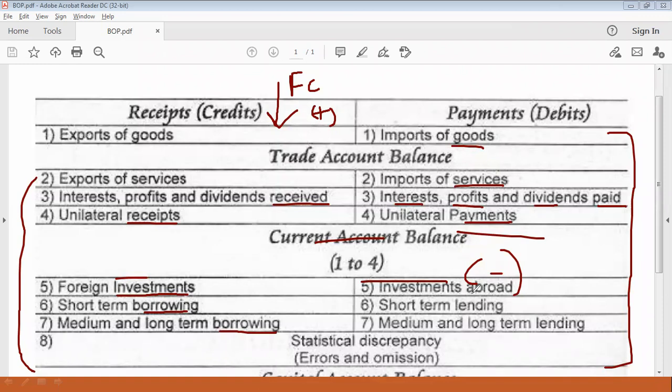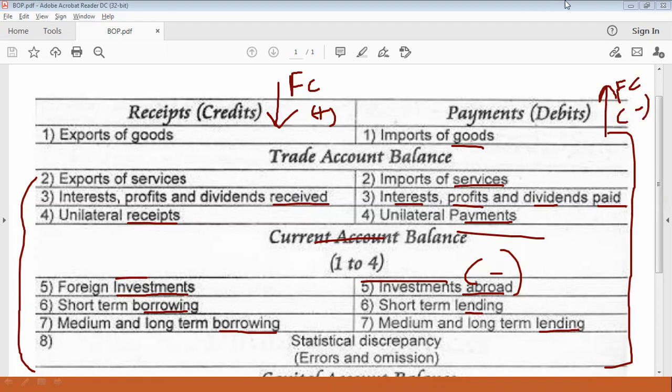If residents are making investment abroad, there will be outflow. Lending to foreign countries, lending in foreign currency or outside India, will be short-term lending or medium or long-term lending. All these are outflows of foreign currencies. Meaning foreign currency will go outside India, which is not good, it is a negative item.